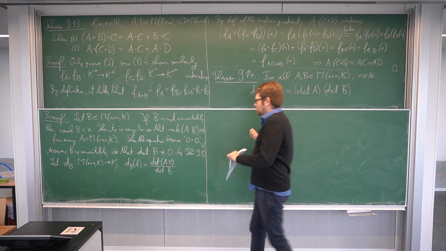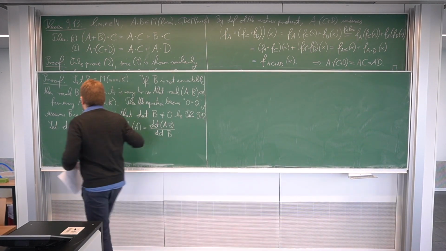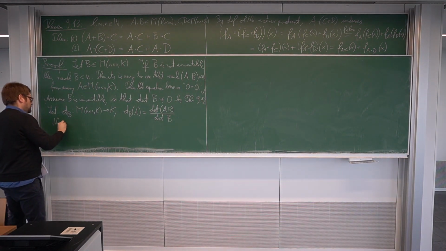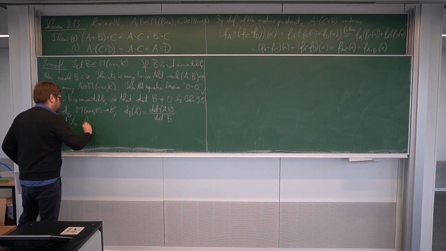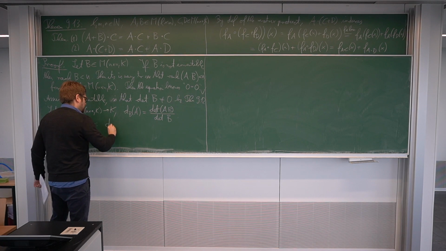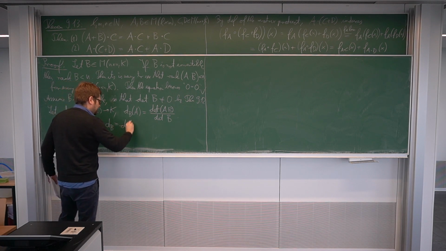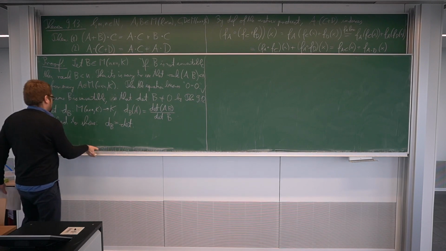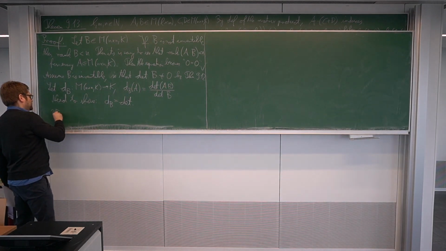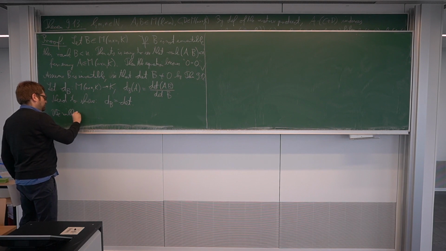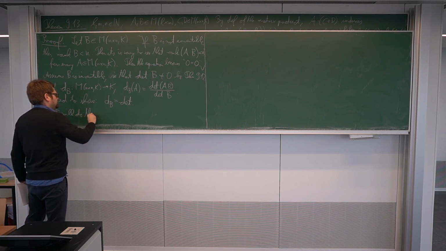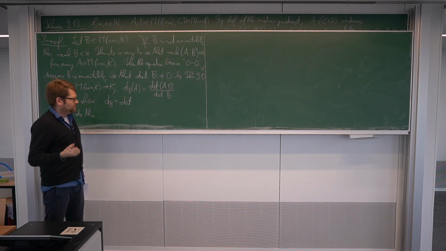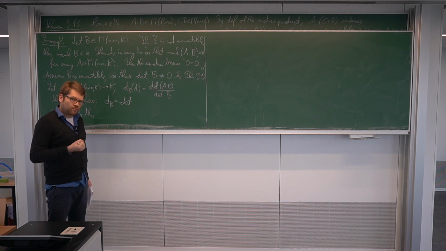So we need to show that dB is equal to the determinant we had before. And the idea of how we will do this is that we show that this has all three defining properties of a determinant.